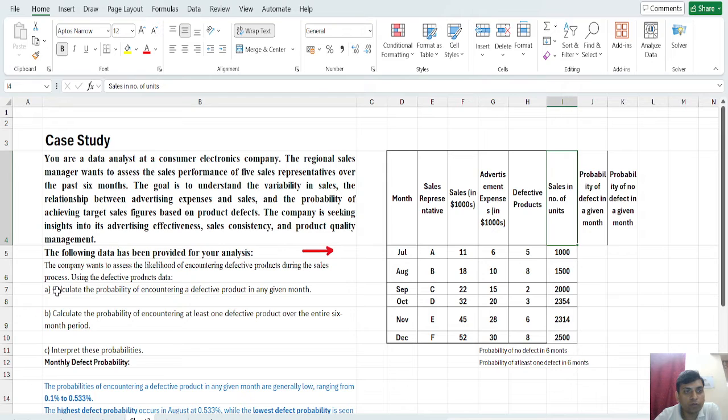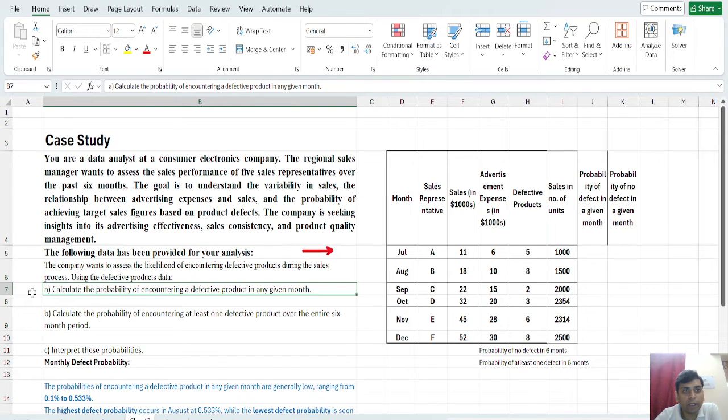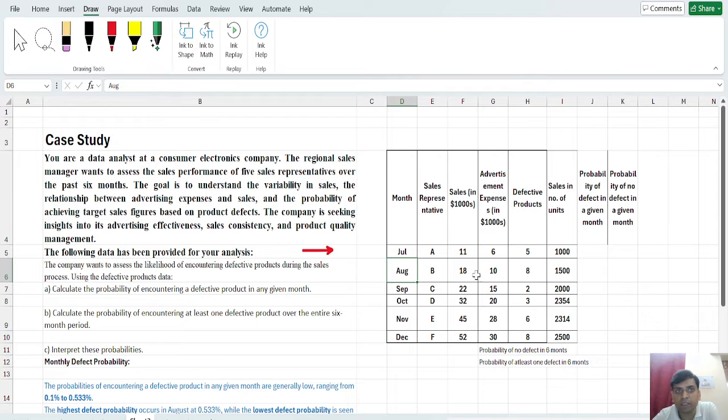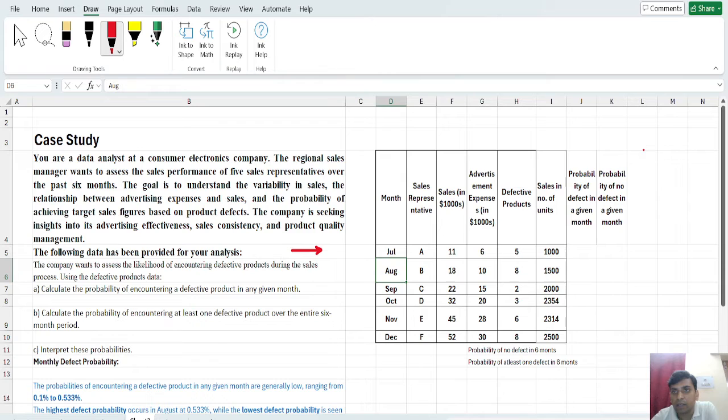Now, the first thing you need to find is to calculate the probability of encountering a defective product in a given month. So in each month, in July, August and so on, we need to find the probability of defect. The formula of probability is P equals favorable outcomes upon total outcomes.